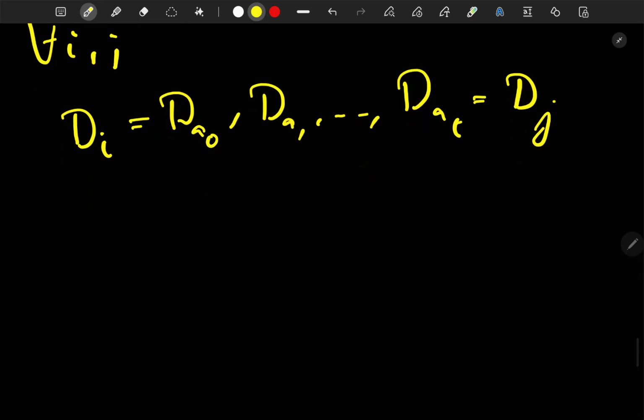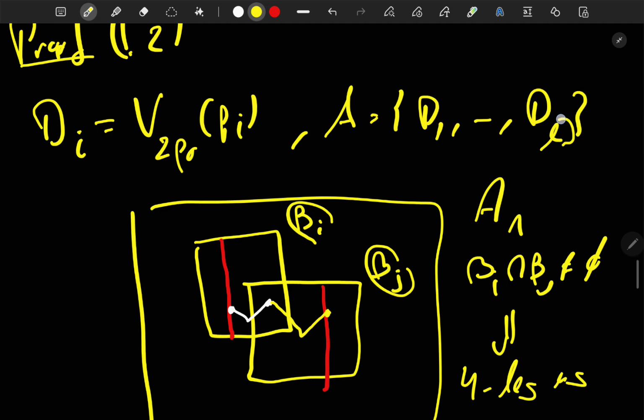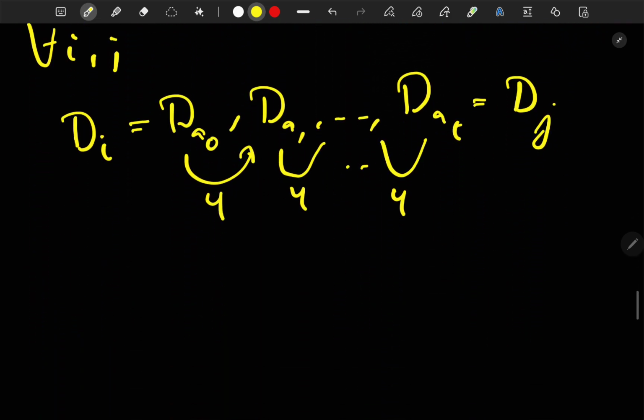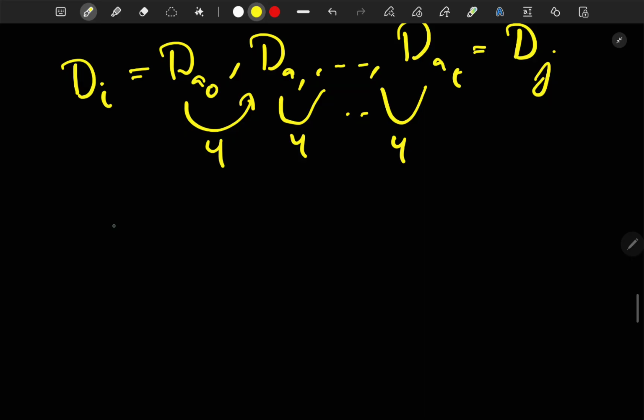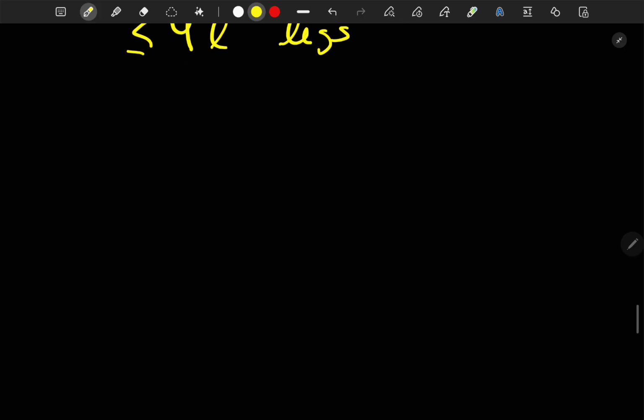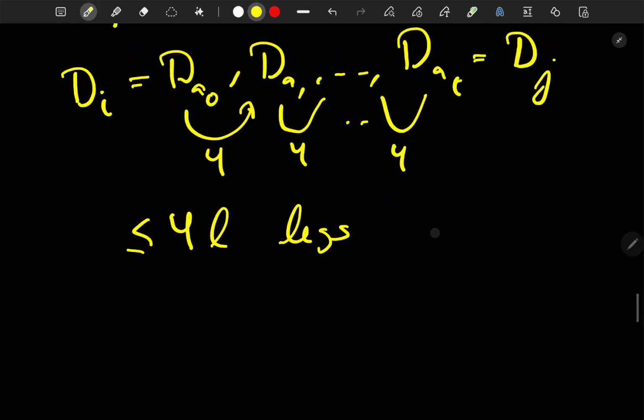We connect each disk using four legs here, four legs here, four-legged, and since we have only a finite number L of disks, we can join dy to dj using at least 4L legs. And remember that this is on AR.